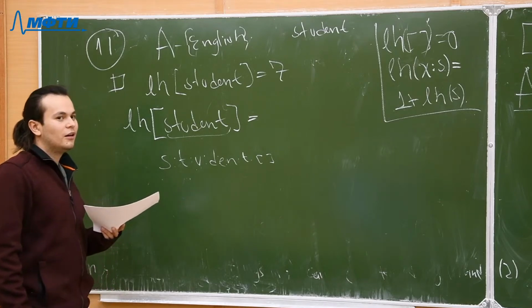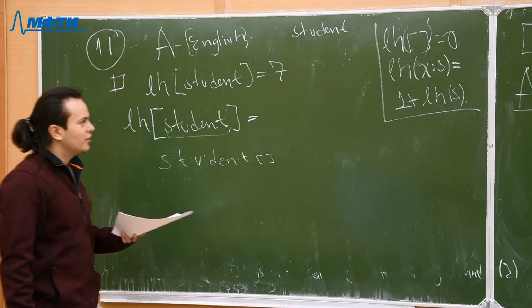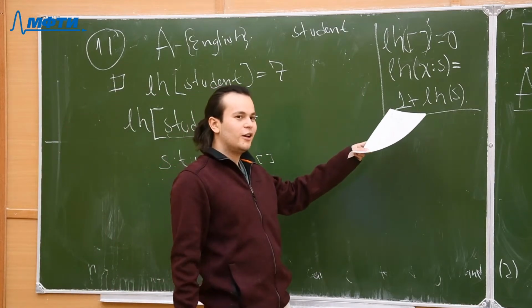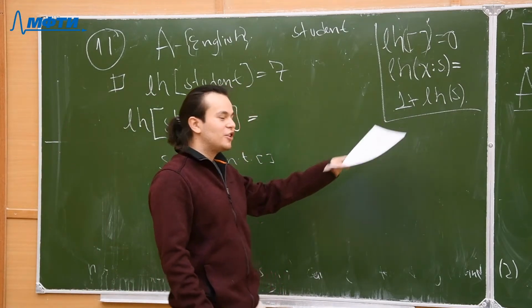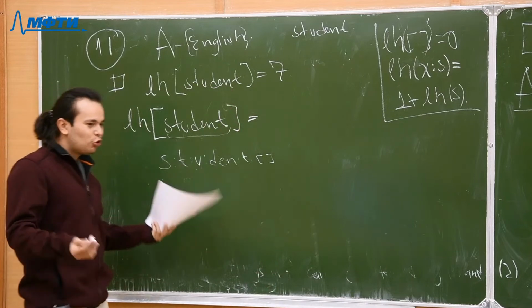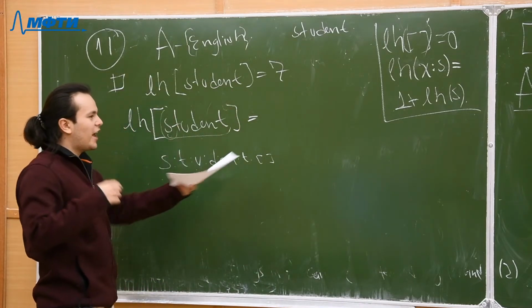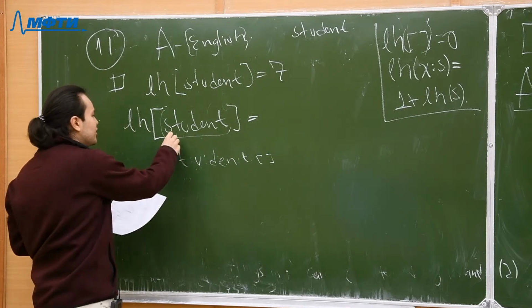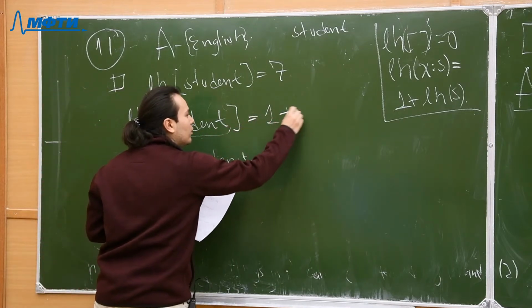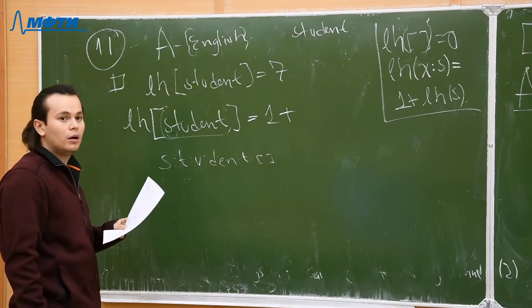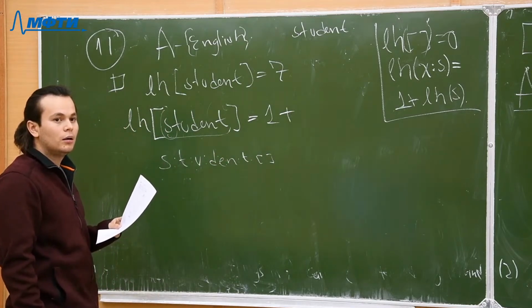We will get this by the program. These are different things. If you say the length of S, we don't know what it is. We know that S is a symbol of A. Since this is just a symbol, by the property, we can get the length of S.